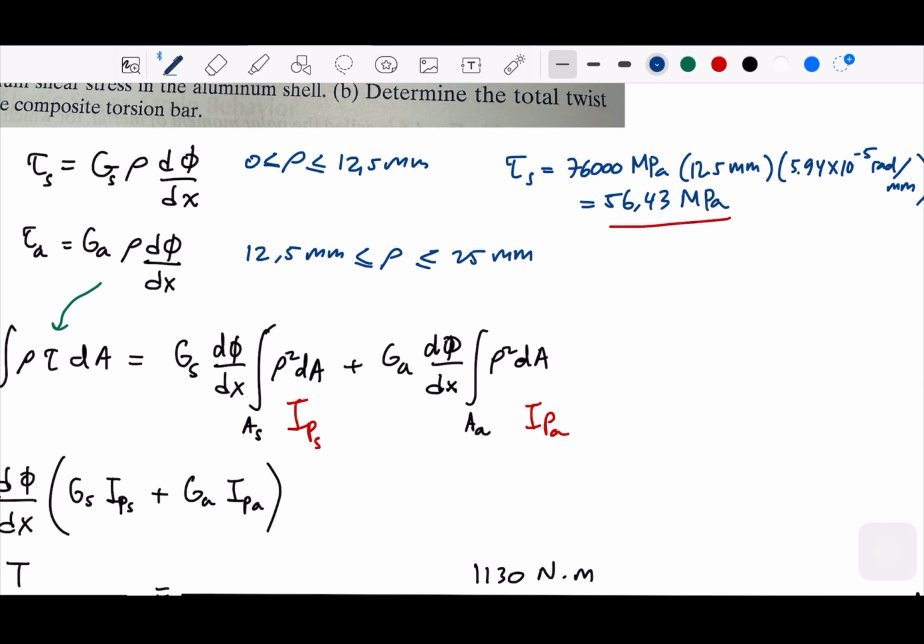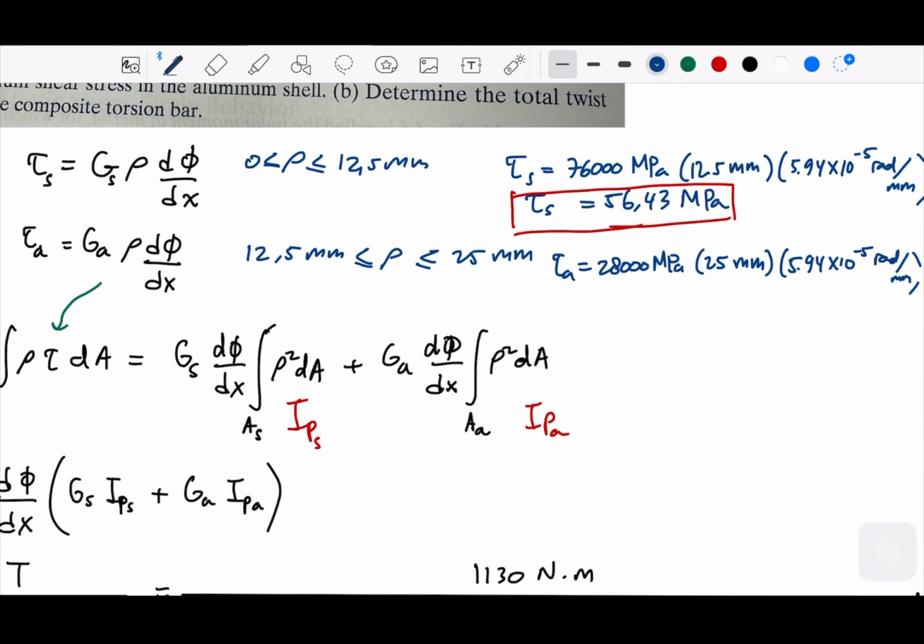That's for the steel. And then for aluminum, this will be 25 millimeter, and then 5.94. This is 41.58 MPa.